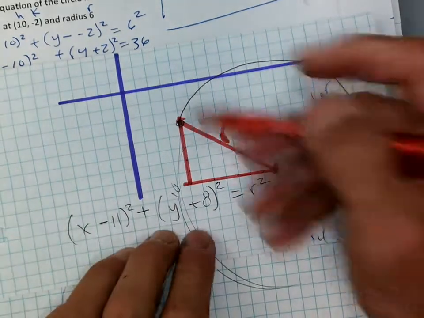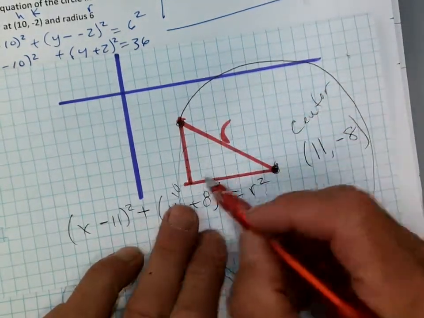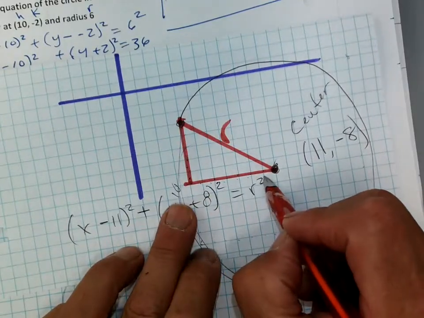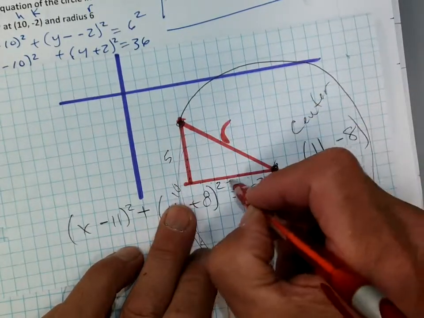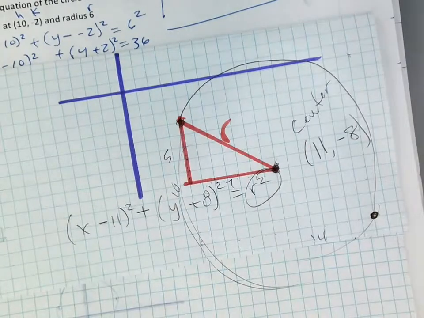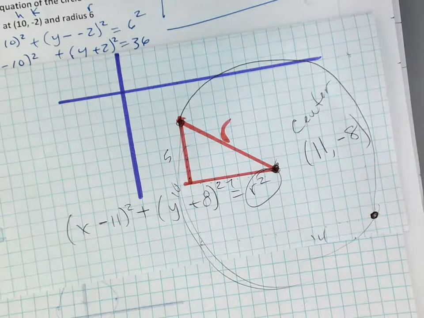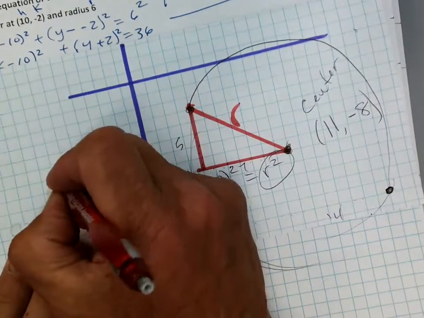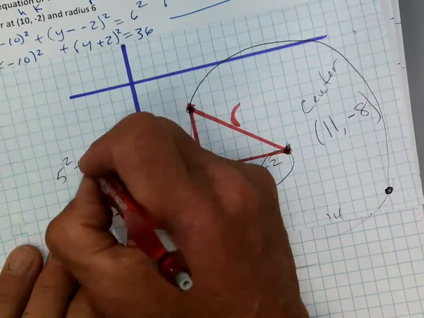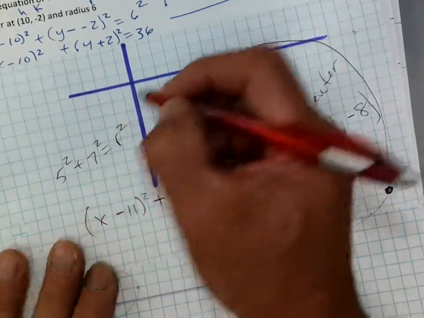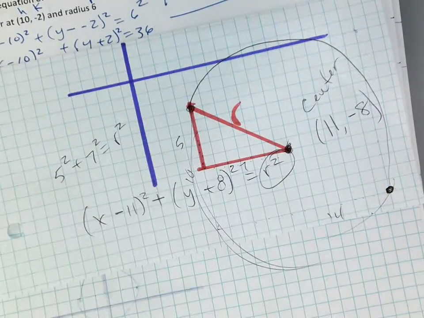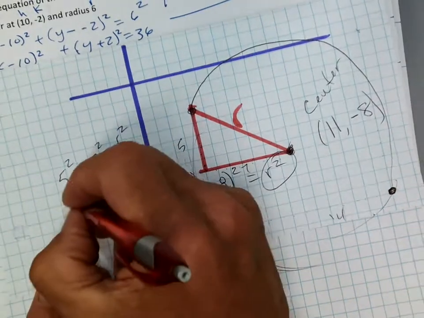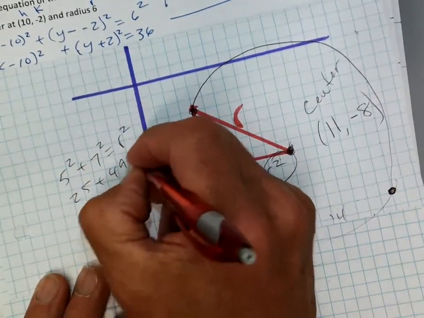This is 1, 2, 3, 4, 5. And 1, 2, 3, 4, 5, 6, 7, right? 5 and 7. Now, what I really need is r squared. A squared plus b squared equals c squared. But how about equals r squared? So how about we go 5 squared plus 7 squared equals r squared. Same thing as a squared plus b squared equals c squared, right? 25 plus 49 equals r squared.